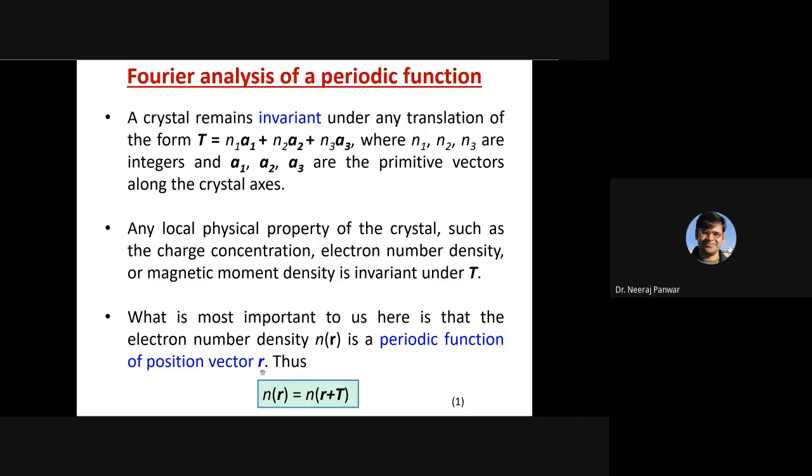If we are measuring the electron number density n at a position vector r, it should be the same at position r plus T. In the one-dimensional case, n(x) should be equal to n(x plus a), or n(x plus ma), where m is an integer.